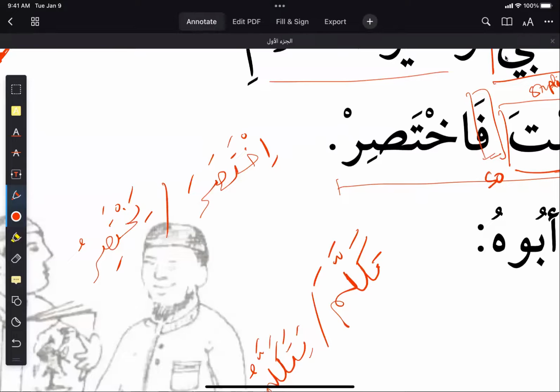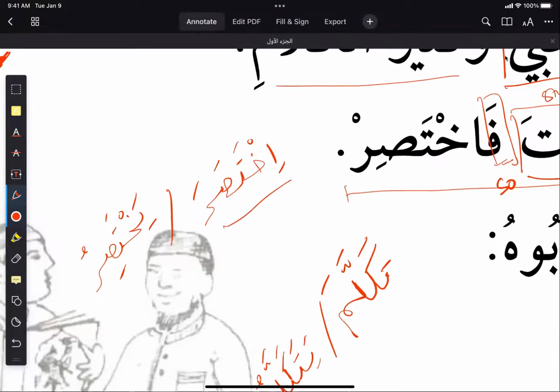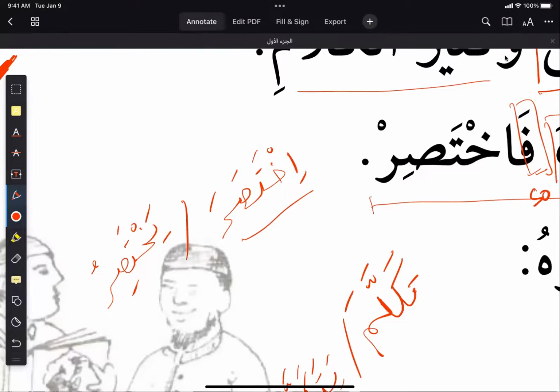To shorten something, to summarize, to make it short. So when you say in the past tense, ikhtasara Muhammad kalamahu, Muhammad shortened his speech. You understand? So this is how it comes, to shorten. Very good word, right?